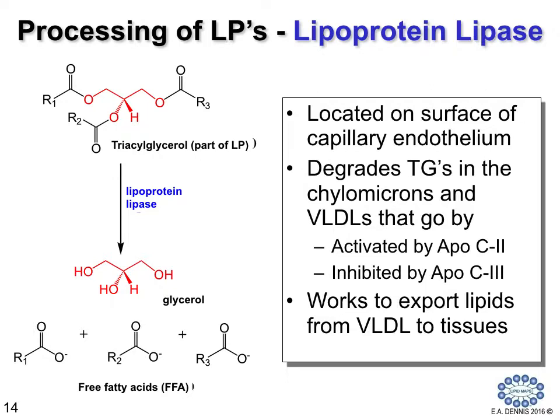As I mentioned earlier, it's activated by ApoC2, but inhibited by ApoC3. So you can see another level of control mechanisms that regulate the amount of these large lipoproteins as they travel through the circulation.